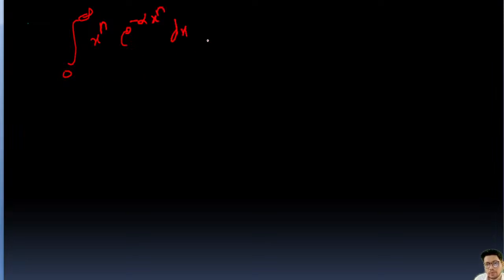If we have to solve this integration, it is going to be gamma of (n plus 1) by n, upon n into alpha to the power (n plus 1) upon n. This is the formula.